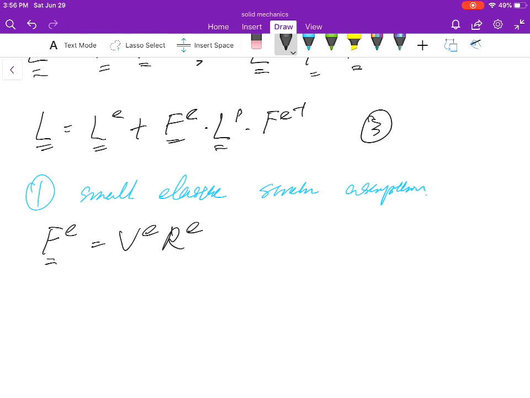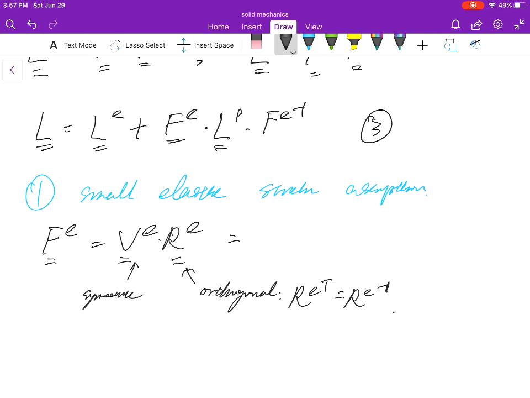Because of this polar decomposition, we have this orthogonal, and this is a symmetric tensor. Also remember that R represents the rotation and V represents the stretch, and that's also the reason why R is not symmetric, because R is orthogonal.